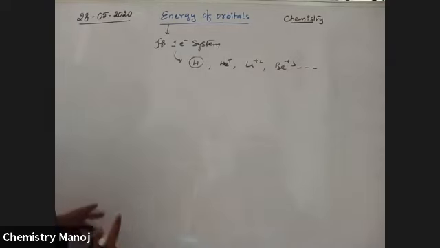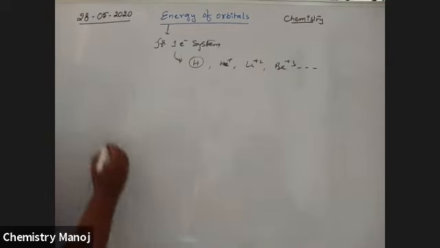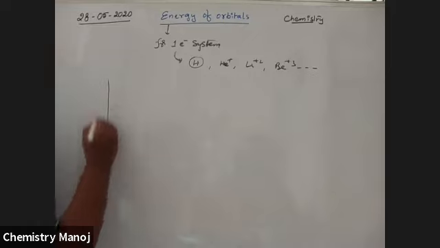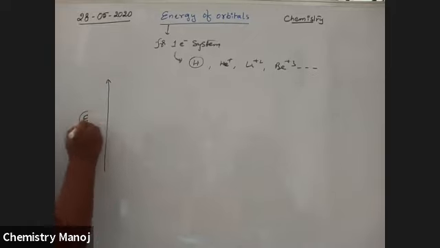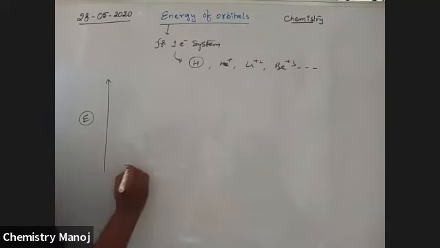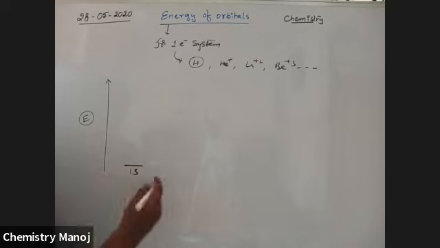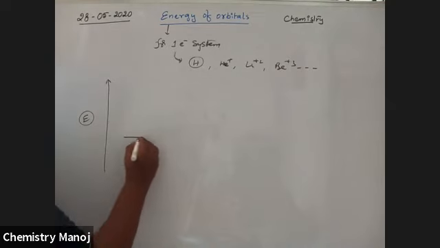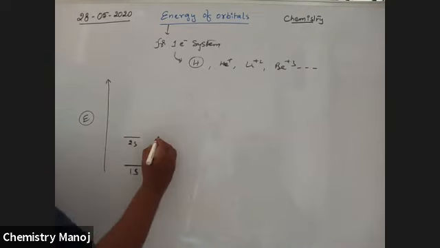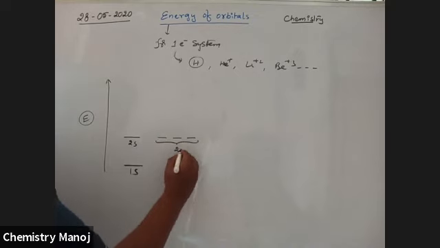These are the orbitals here, in increasing energy order. This is the 1s orbital, then 2s, and 2p.